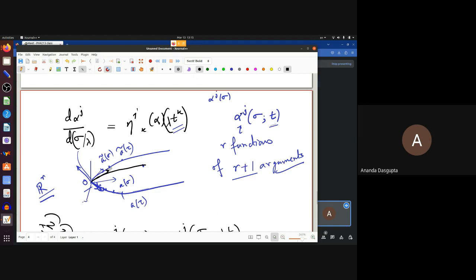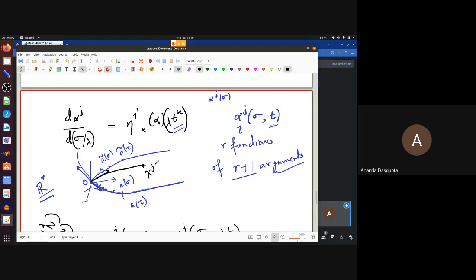In other words, I should be able to find a tangent vector such that the curve reaches the point at some value of sigma, let's say sigma equals 3. But then all I can do is make the tangent vector that I started with 3 times smaller, to ensure that this curve will go through this point at sigma equal to 1.